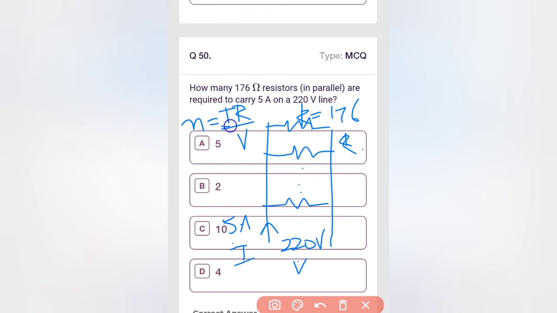So here what is the current? 5. 5 into 176 divided by 220.